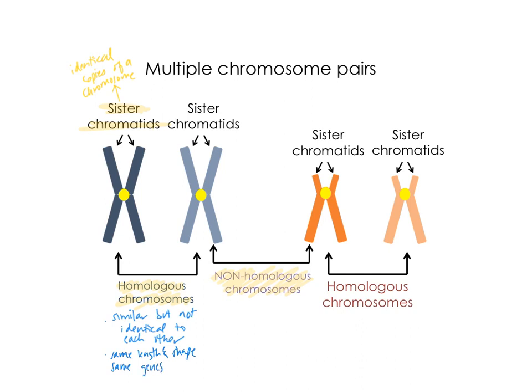For example, we may have the A gene here, and then we'd see the identical copy over here, but then we might see little a and little a over here. This would correspond to this particular region of the chromosome. They have the same genes, but across the homologous chromosomes, the dark blue versus the light blue, they may have different alleles.